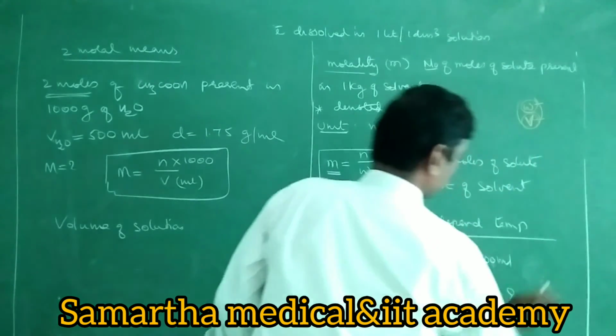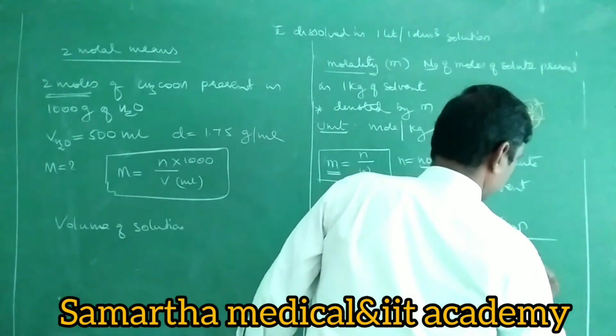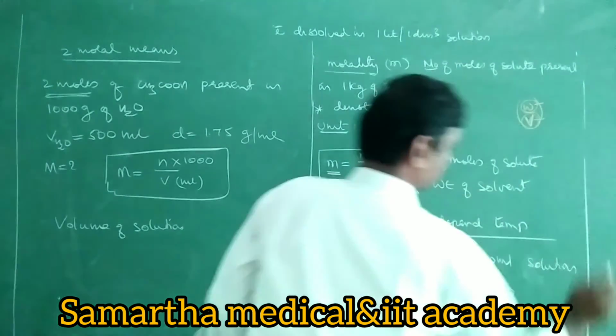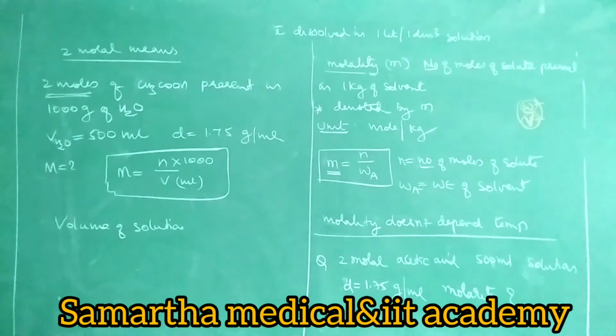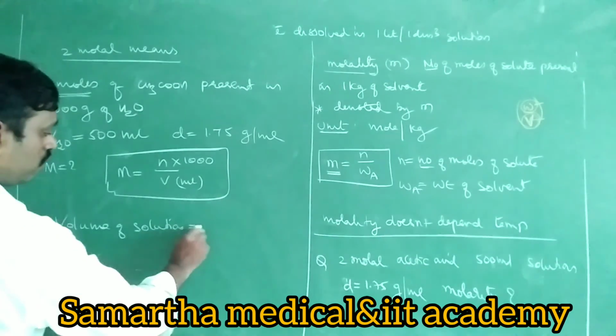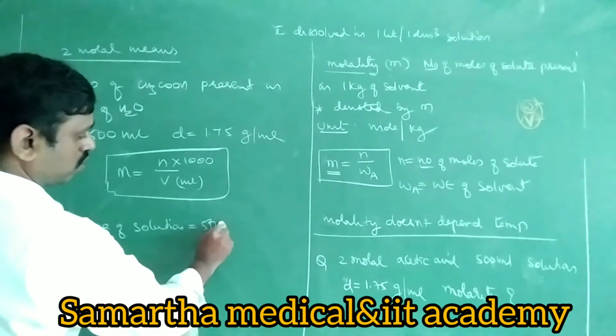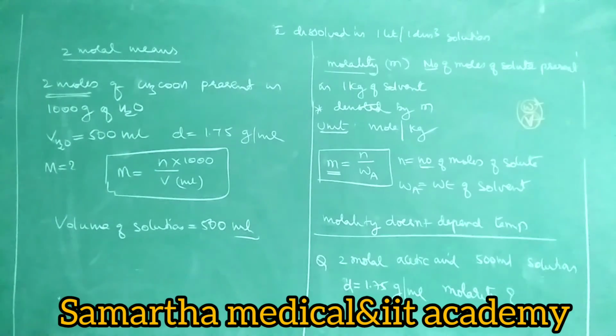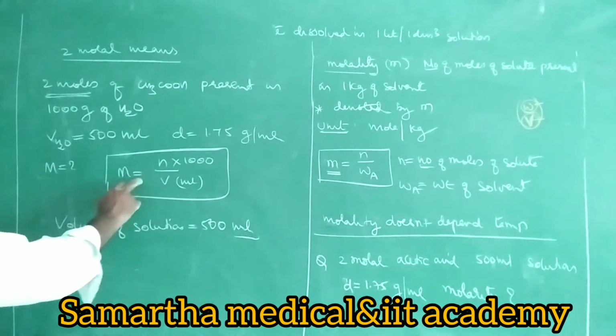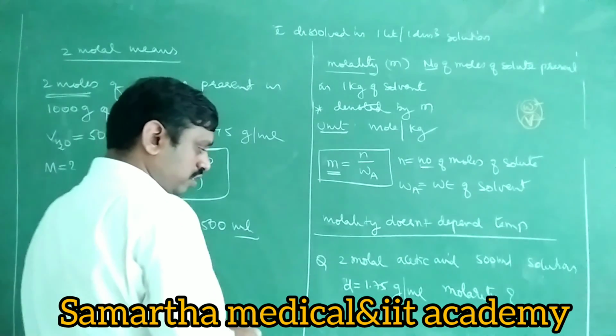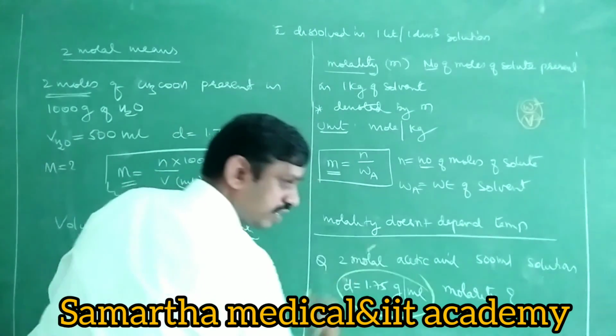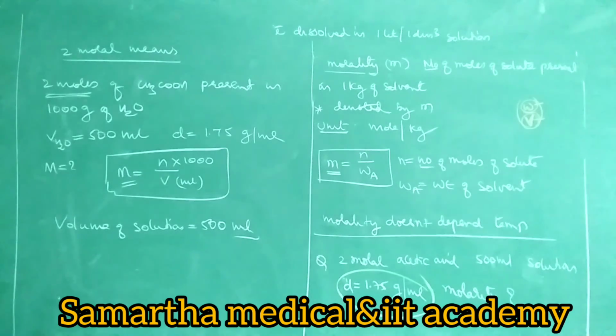Otherwise, it is 500 ml of solution. Then volume of solution is equal to 500 ml. You just substitute here. Now, is there any use of this density? Not required, because volume is given.